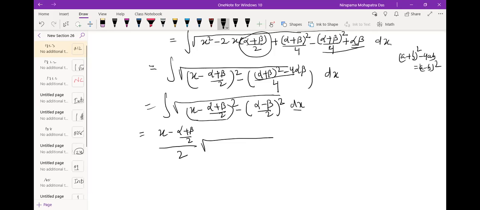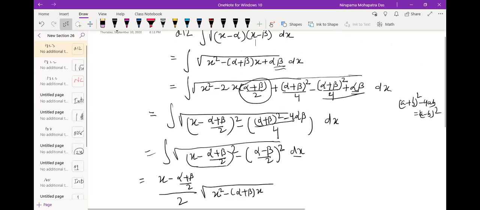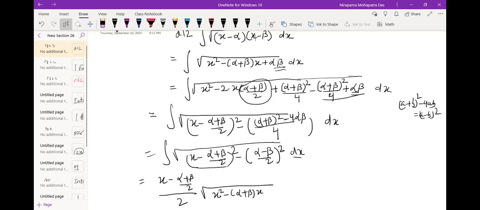If you simplify this, you can get here x square minus of alpha plus beta into x. See, go up a little bit and see. This is the original thing, right? x square minus alpha plus beta into x plus alpha beta. We will be getting it like this, or you may write x minus alpha into x minus beta also.